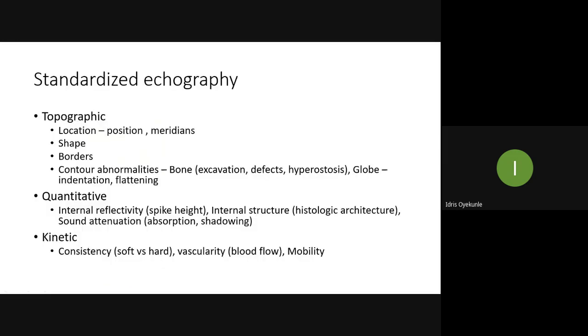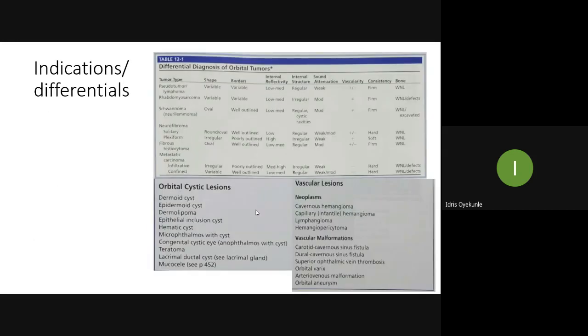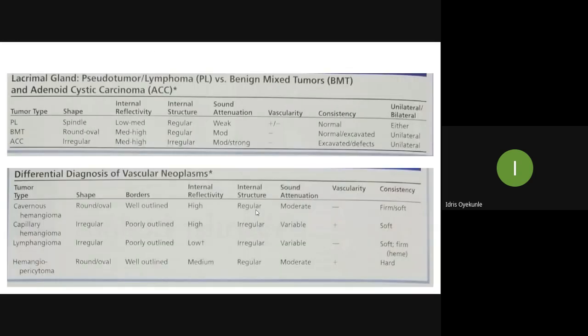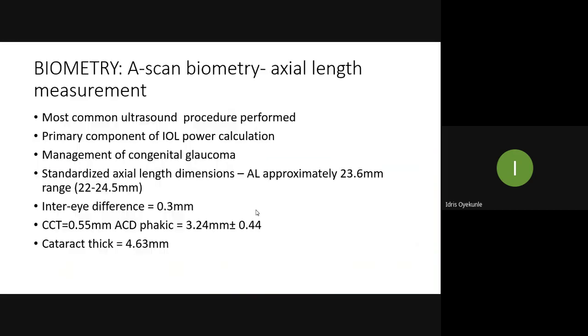And standardized echography is very, very helpful because it tells you a lot about the lesion. So I've just put in a table showing differential diagnosis and indications. So this is there, and also for other tumors like lacrimal gland tumors and vascular tumors as well.